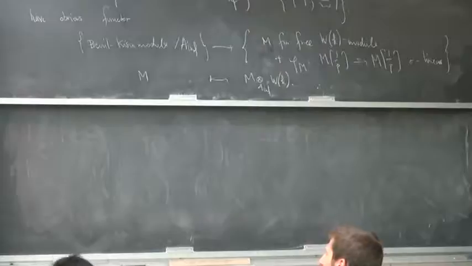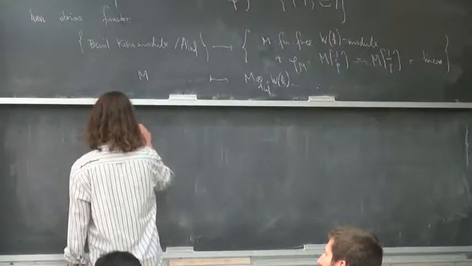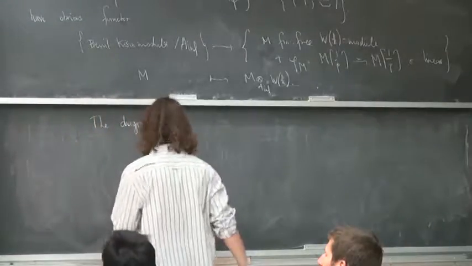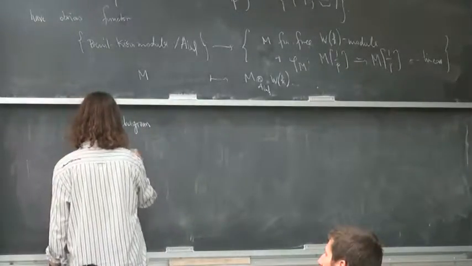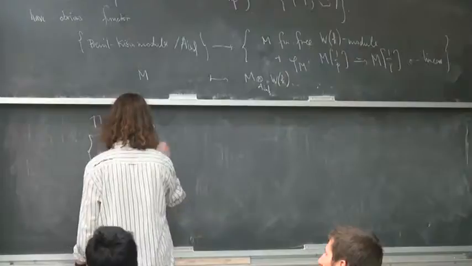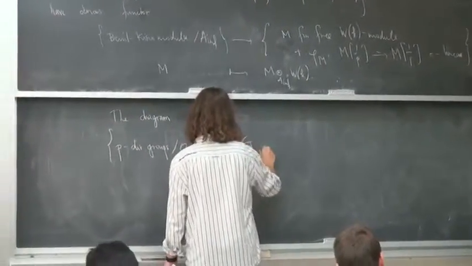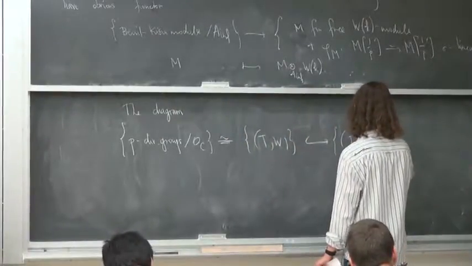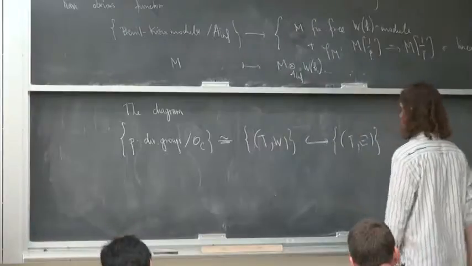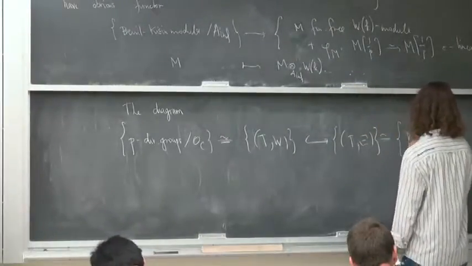And so I can come back to the question from the beginning of the lecture. So now we have the following diagram. So we have p-divisible groups over OC. They're equivalent to such pairs T W. They embed into the category of such T xi. And this, by the theorem, can be enhanced to Breuil-Kisin modules.